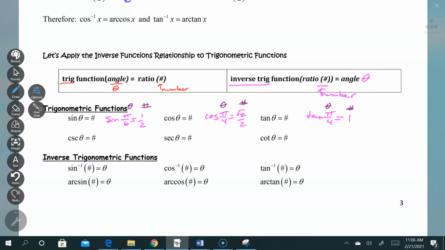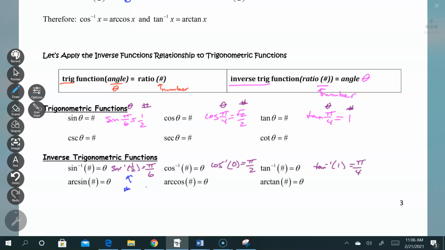That's when we do trigonometry. When we do inverse trig, it works the other way around. I do inverse sine of 1/2, I get pi over 6. Or I do inverse cosine of 0, and I get an angle of pi over 2. Or I do inverse tangent of 1, and I get an angle of pi over 4.